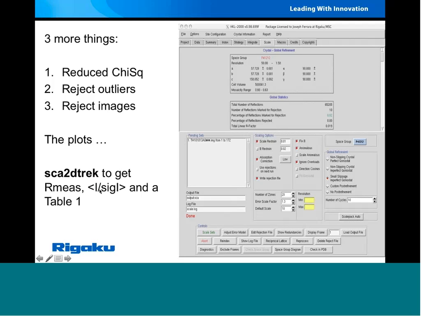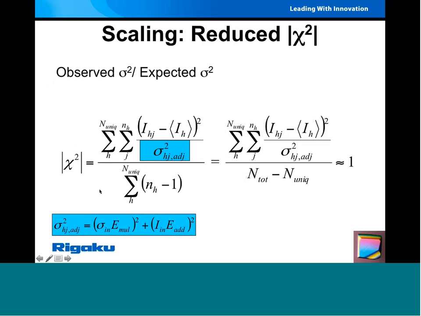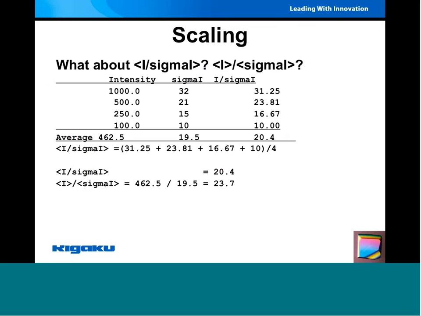If you're looking to figure out what the I over sigma I is, I want to point out that there's a difference between I over sigma I, average. Notice where I have these brackets indicating average, and the average I over sigma I. So the ScalePack output shows this value.